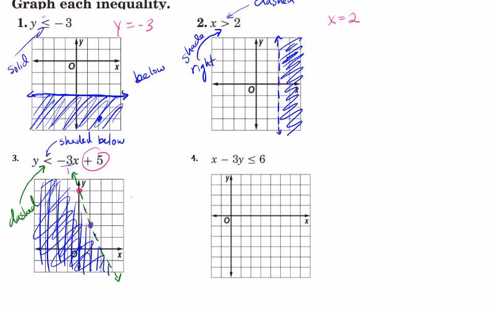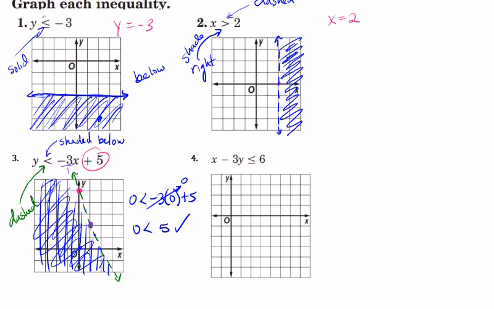So if I have 0 is less than -3 times 0 plus 5, then it just becomes 0 is less than 5, right? Because this all goes away. And that's true, right? So that's a way to check your solution in an inequality, is just to plug in a value that's in the shaded area and see if it makes the inequality true. And if it doesn't, then you can go back and check your work.